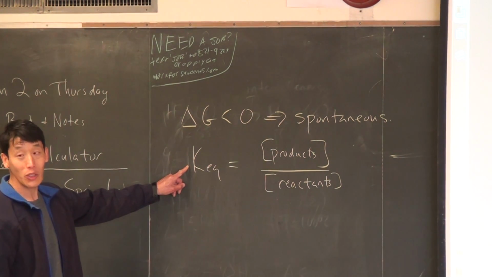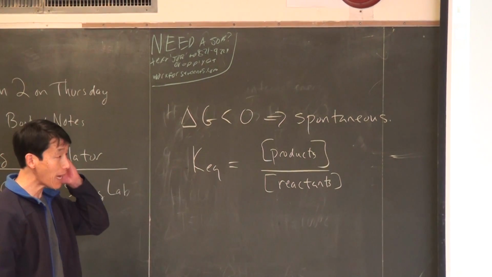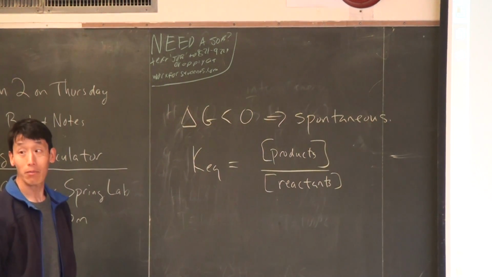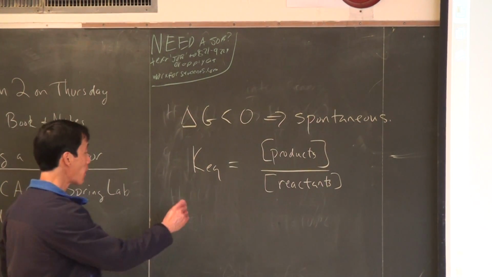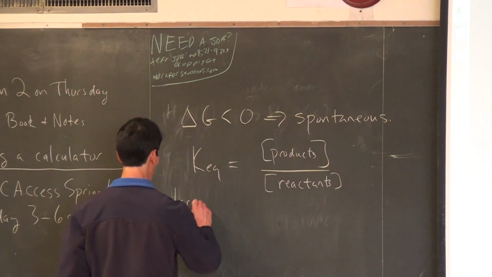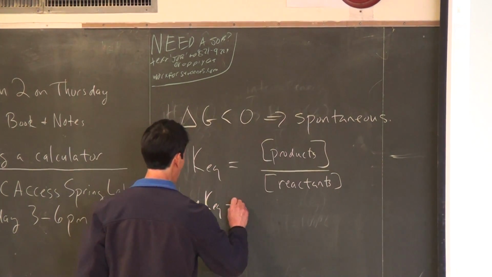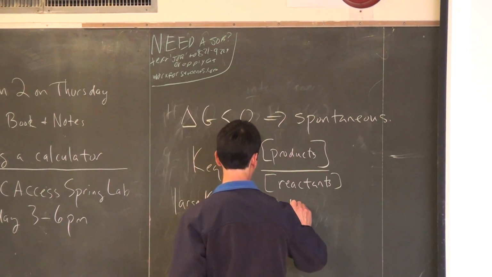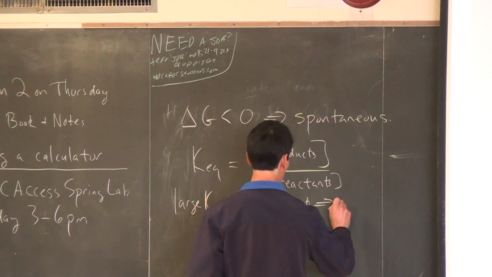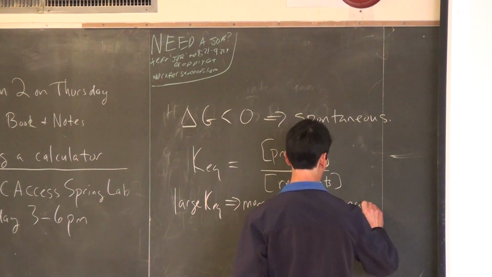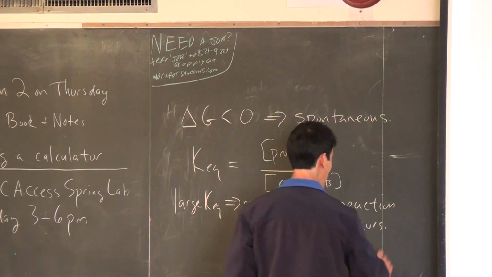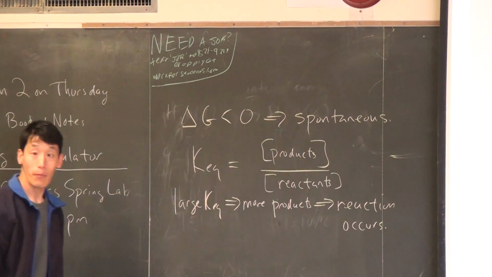Yeah, more products. If there's a small KEQ, that means there's more reactants than products. So does KEQ tell us whether a reaction occurs? Yeah. So if we have a large KEQ, that means we have more products, which means that the reaction occurs.